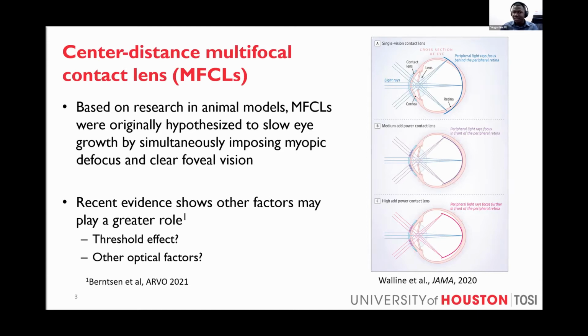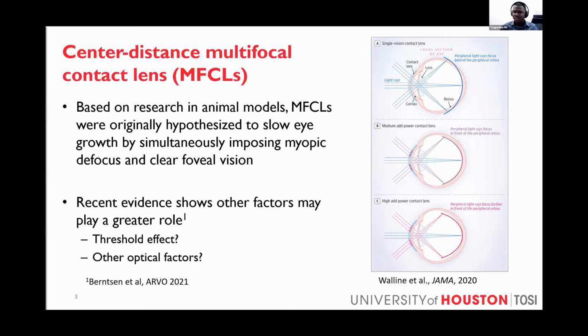Quite interestingly, they just presented an analysis last week at AVO where they showed only a weak association between peripheral defocus and myopia progression. What this suggests is that a linear dose response to peripheral defocus does not adequately explain the effects of multifocal contact lenses on axial eye growth.